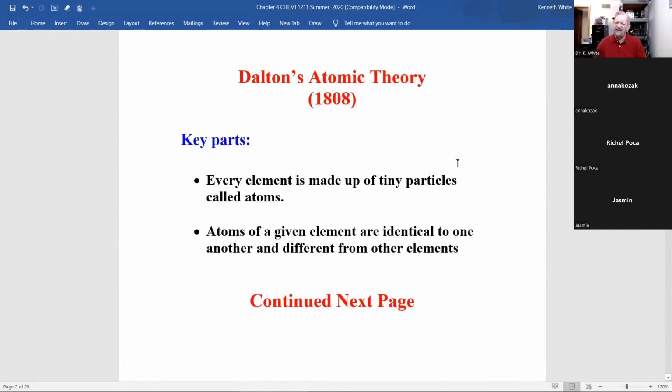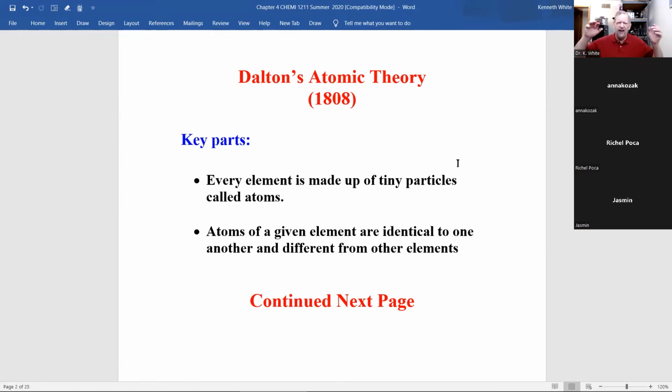Now, how did chemists find out about this? Well, they went into the lab, did experiments, observed things, and came up with theories. And one of the great chemists of all time, an English chemist, Dalton, in 1808, that's only a couple hundred years ago in the history of mankind, that really isn't that long ago, came up with his atomic theory.